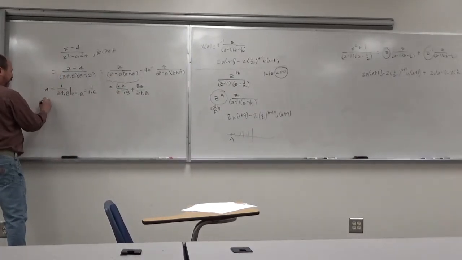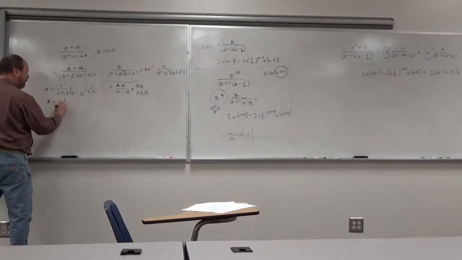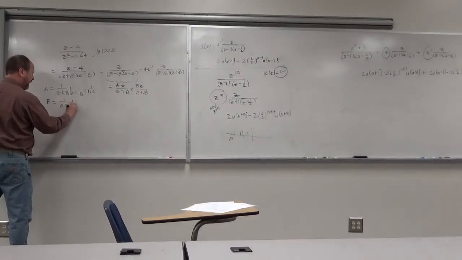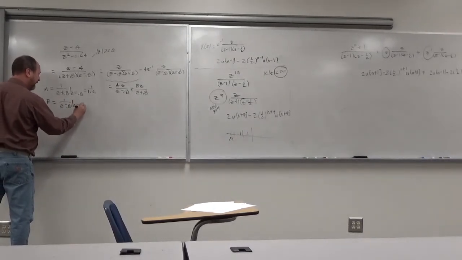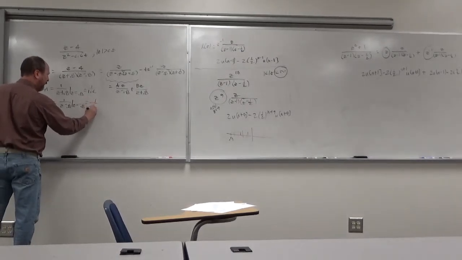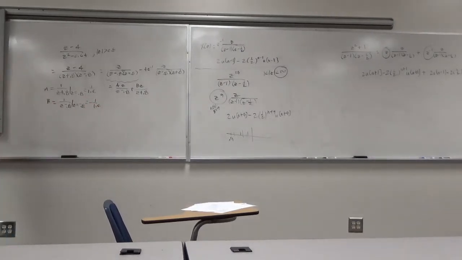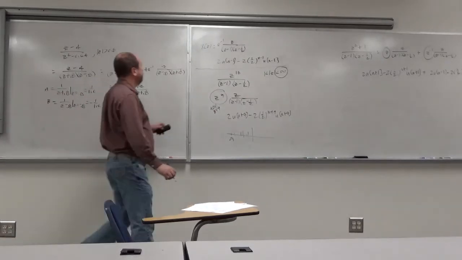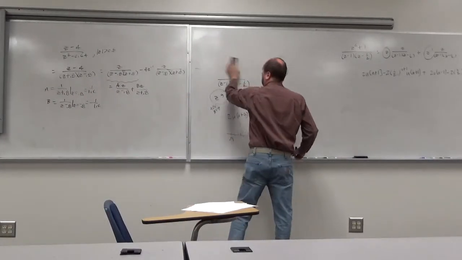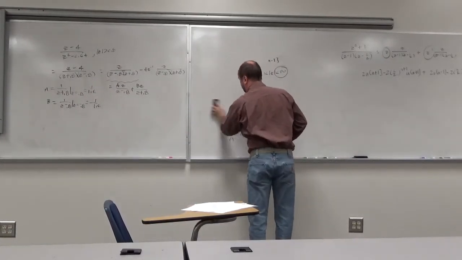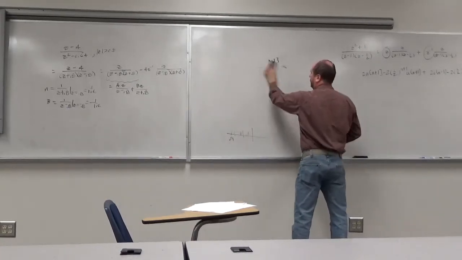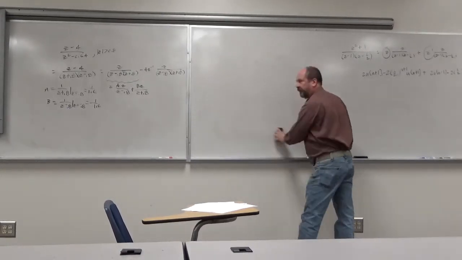Whatever, it's 1 over 1.6. B is 1 over z minus 0.8, evaluated at z is negative 0.8, which is negative 1 over 1.6. Okay, so this is convenient because all the partial fraction coefficients are 1 over 1.6.